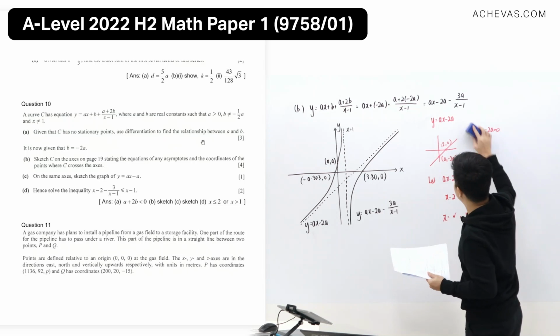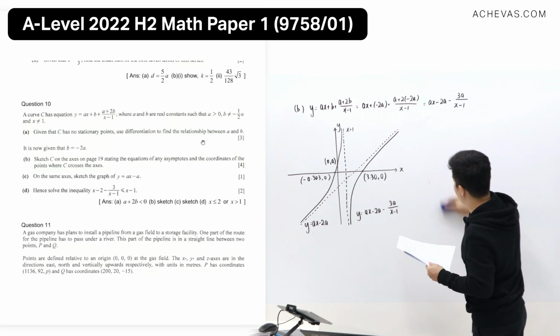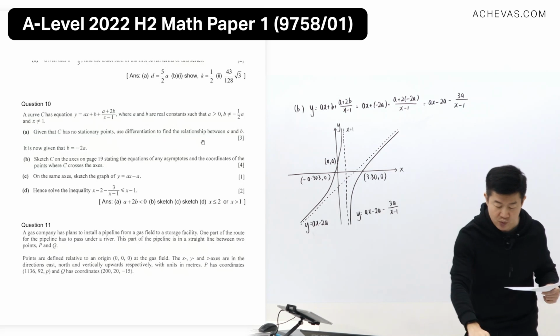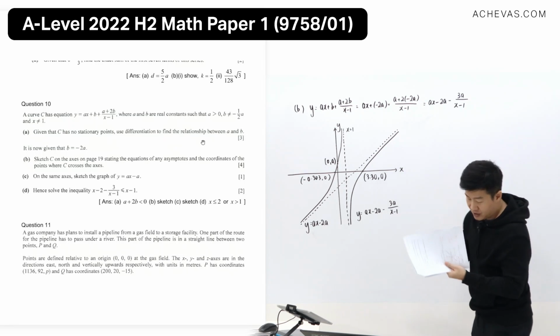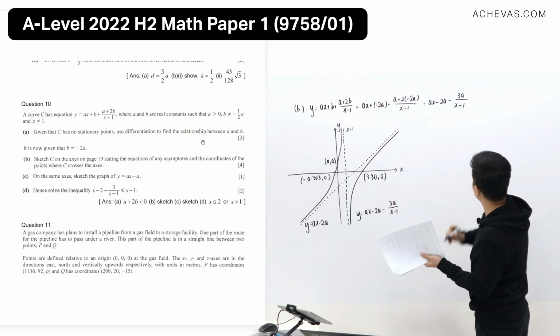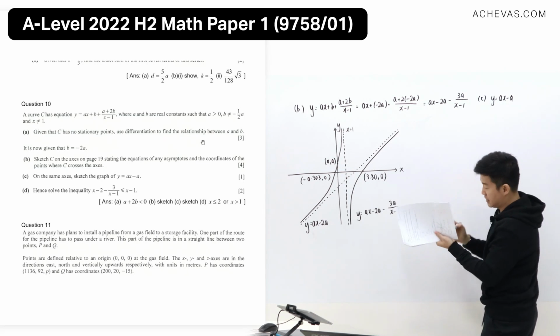And the next thing that we want to do, according to what the question says in part C, is to sketch the graph of y is equal to ax minus a. Let me just very quickly write it down here for myself to reference. So for part C, we are sketching y is equal to ax minus a.